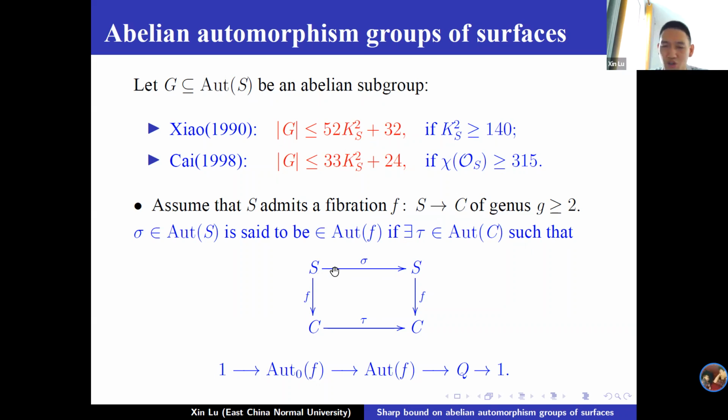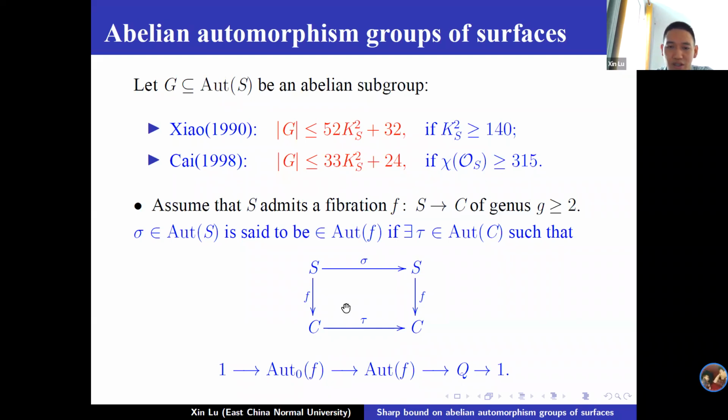So sigma is an automorphism of S, and here sigma induces an automorphism on C with this diagram. That is, this automorphism should keep the fibration f invariant.